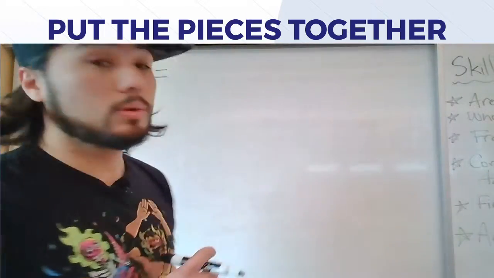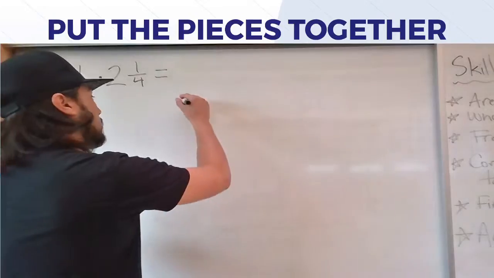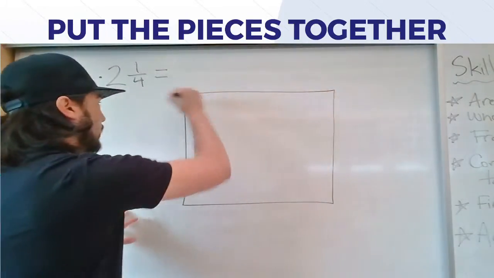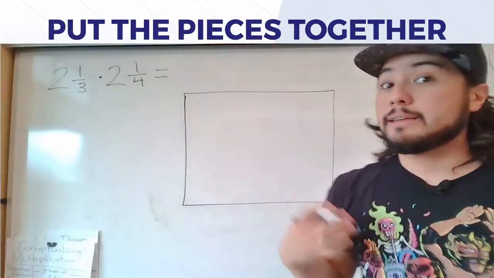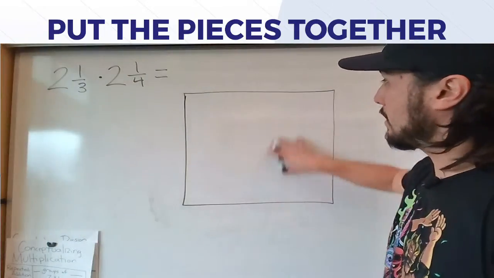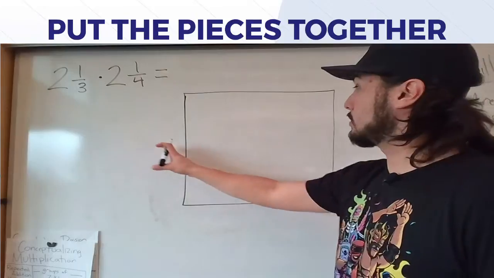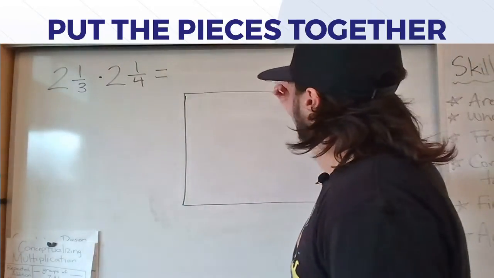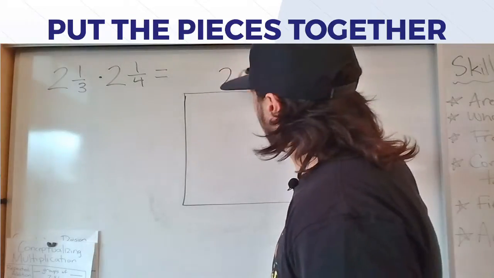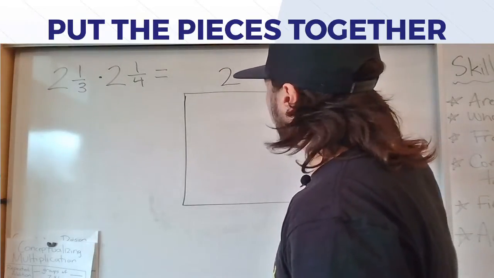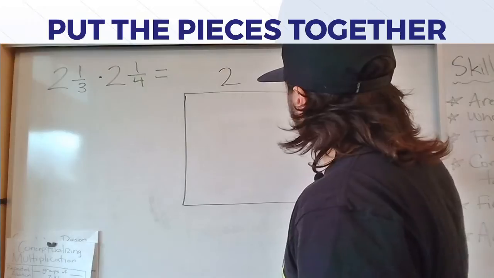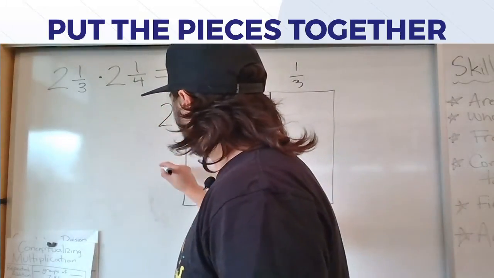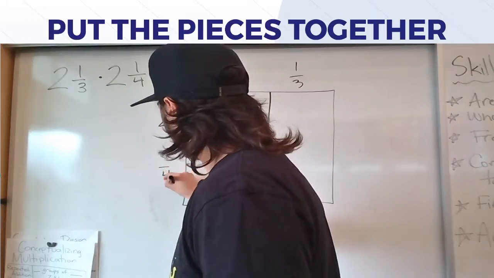Okay. 2 1/3 times 2 1/4. If we make a rectangle, thinking about the same thing, area model, the area inside is equal to the length times the width. We can separate one side into the length of 2 plus 1/3, and we can do 2 plus 1/4.